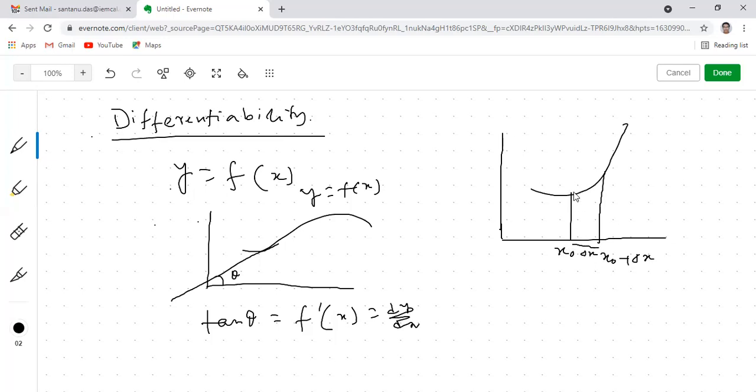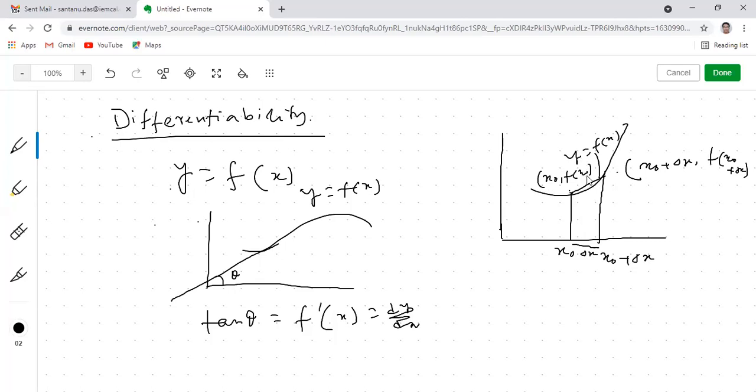Now we join this chord. Since these two points on the chord lie on the curve y equals f(x), the coordinates of this point will be (x0, f(x0)), and the coordinates of this point will be (x0 plus delta x, f(x0 plus delta x)).